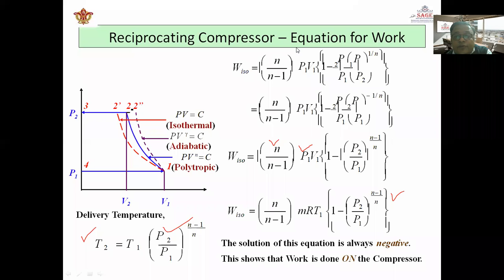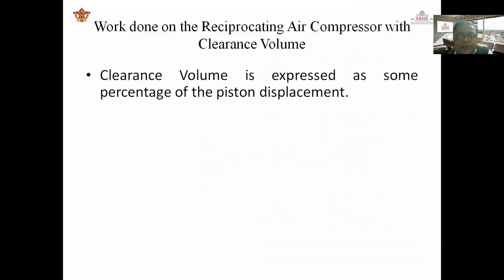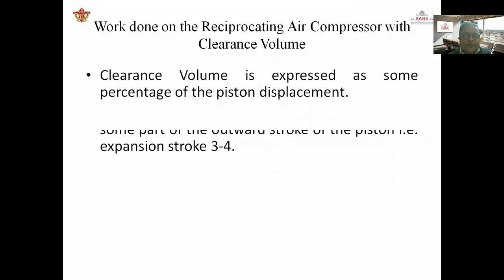So this is the equation for the work when the clearance volume is taken as 0. And when the clearance volume is considered, the work done formula will change. The clearance volume is expressed as some percentage of the piston displacement.